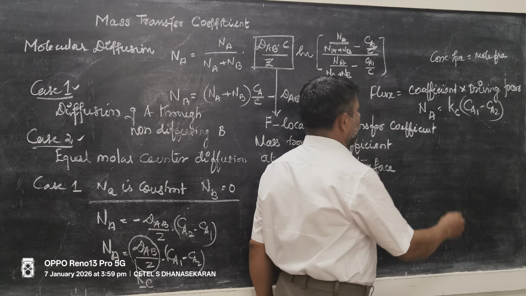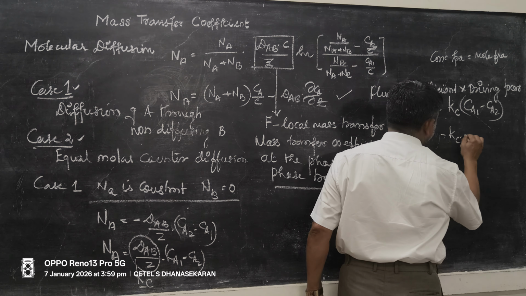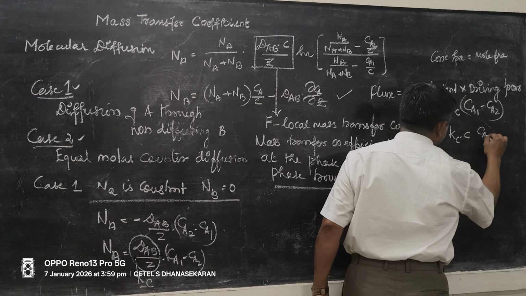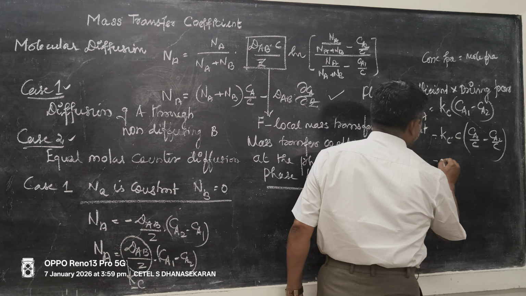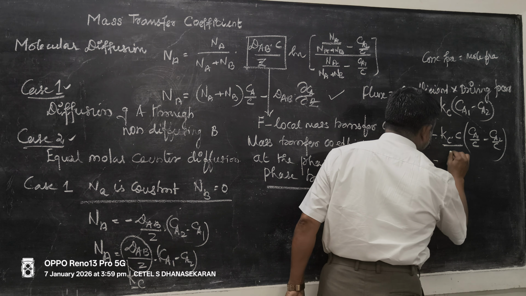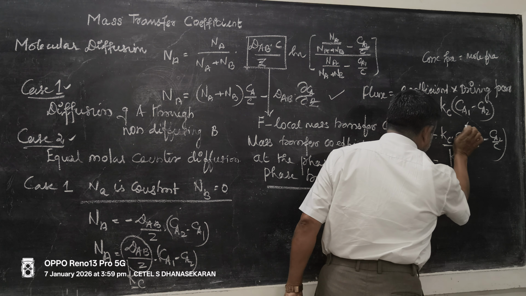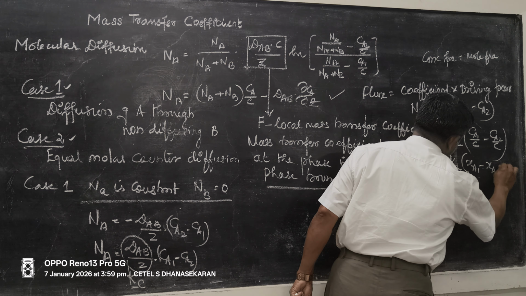Clear? So I am going to write this as Kc into C, CA1 divided by C minus CA2 divided by C. For simplification, Kc into C is nothing but KL into XA1 minus XA2.